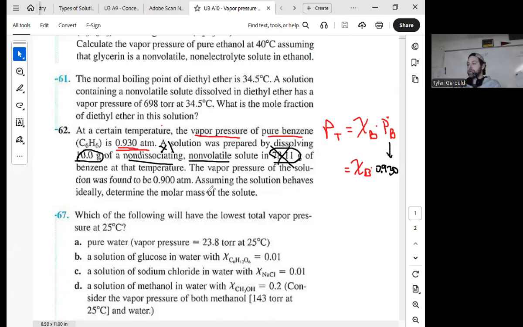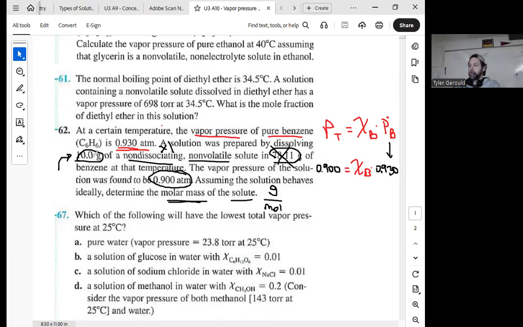We don't know what the solute is, and we're actually going to figure out the molar mass of the solute, but we do know how many grams are involved. And we know the total pressure, so I'm going to go ahead and plug that in here, 0.9. So the molar mass is my final question, which is grams per mole.